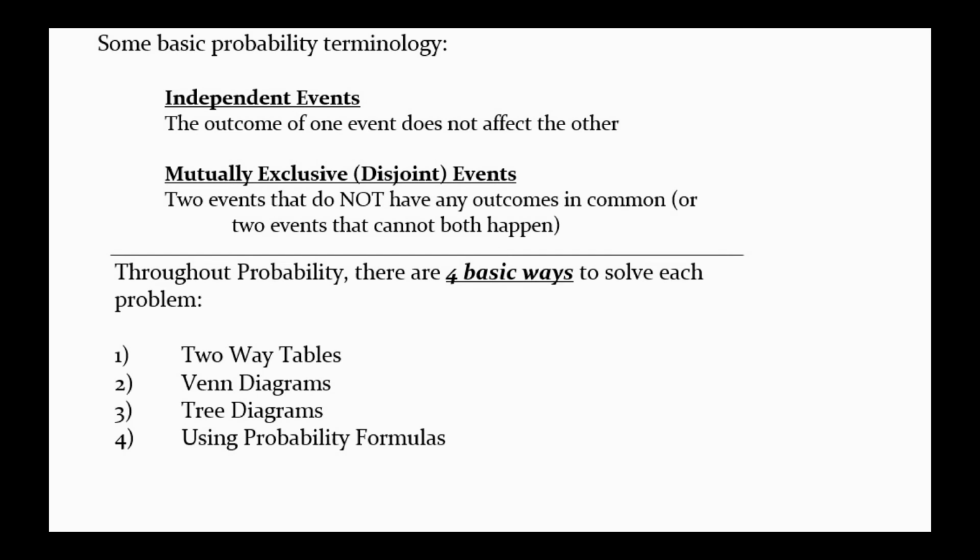Independent: the outcome of one does not affect the other. Mutually exclusive, sometimes called disjoint. Disjoint is the same thing as mutually exclusive. If they're disjoint, they don't have any outcomes in common. They can't happen at the same time. No one can do both. You cannot be in this class and be in English class at the same time during 7th period. It can't happen.